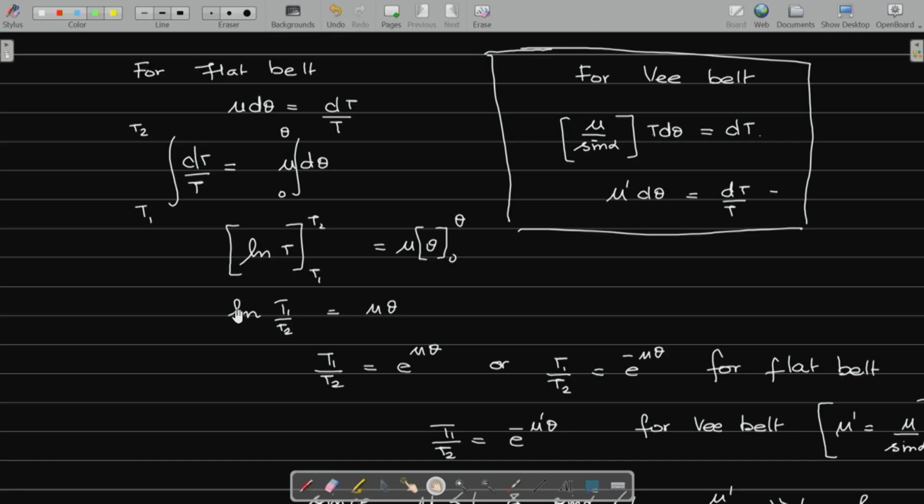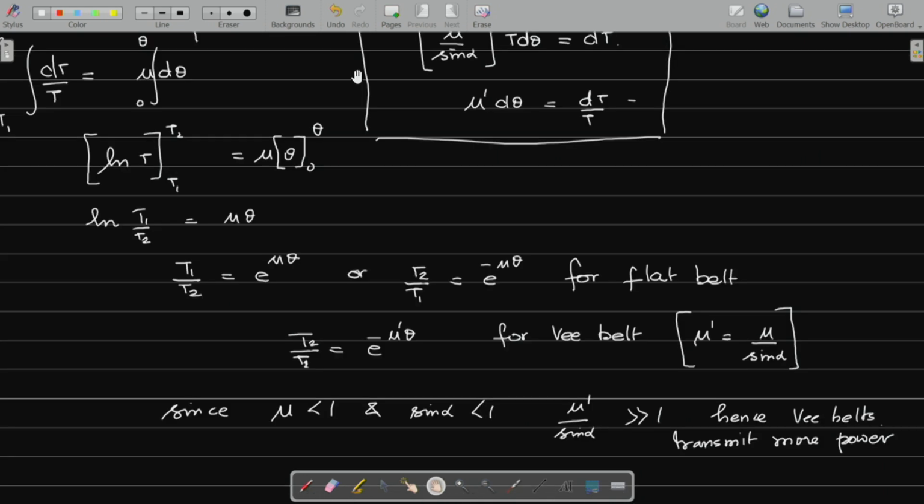Further simplifying, integrating it, taking between the limits T1 to T2, you will get ln T equal to mu theta, and substituting the limits I will get T1 by T2 is equal to e power mu theta, that is the tight side to the slack side tension ratio.